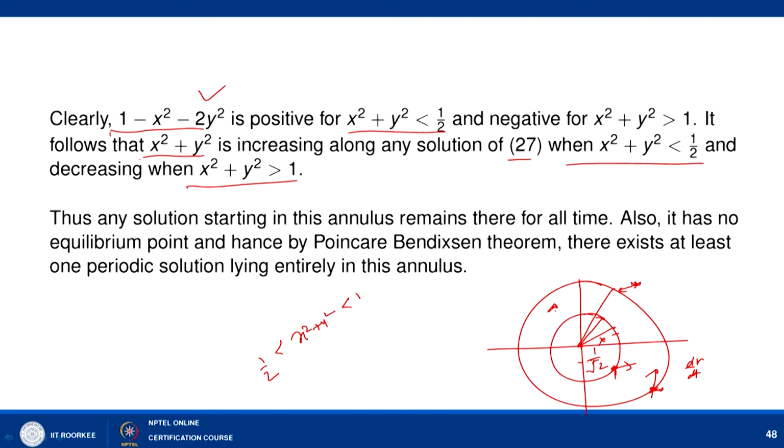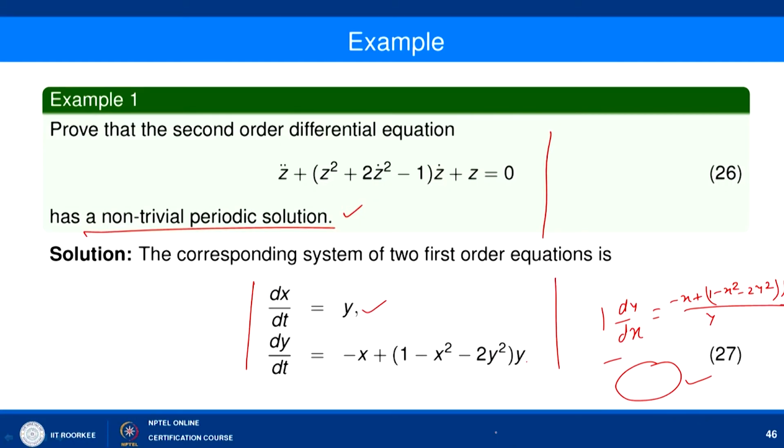So, if a solution starts inside this annulus region, it will always remain in this annulus region for all future time t. So, any solution starting in the annulus remains there for all time t, and also it has no equilibrium point, because the only equilibrium point, we can check, is 0 0 here.